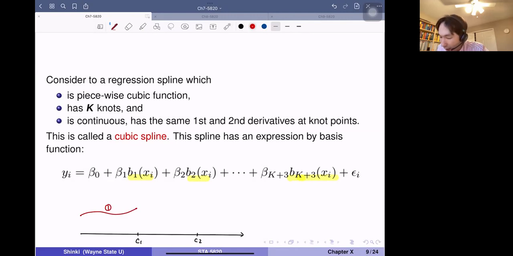If this is a cubic function, the base is like this, right? Then we need an additional one, B1 or something, and we need an additional function B2. The additional function makes the fitted curve, for example, like this.